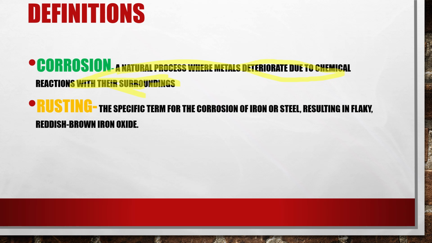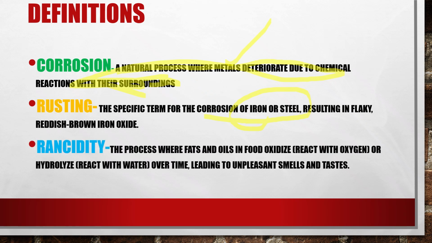Corrosion happens for all metals, whereas rusting is especially for iron and steel. The specific term for the corrosion of iron and steel resulting in flaky reddish brown iron oxide is called rusting, right? Next is rancidity, a very different word.